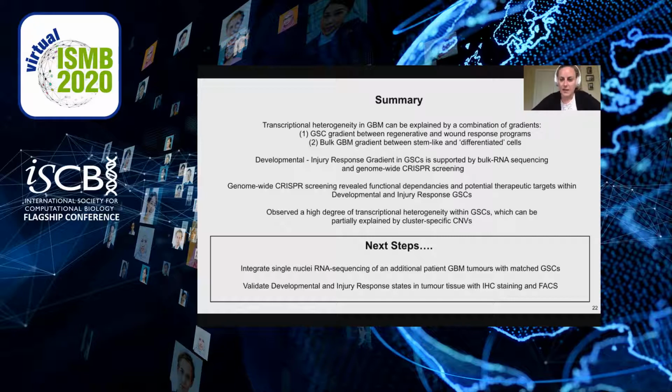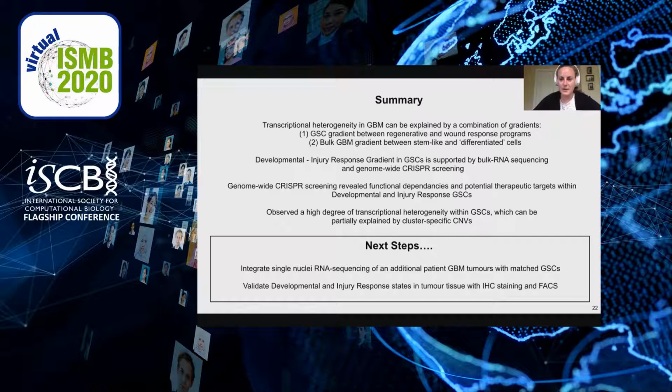We validated our developmental to injury response gradient using bulk RNA sequencing and identified functional vulnerabilities using genome-wide CRISPR screening. Using this CRISPR screening, we revealed some dependencies that could represent potential therapeutic targets, specifically tailored to GSCs within GBM. We also observed a high degree of transcriptional heterogeneity within individual GSC populations, which can be partially explained by cluster-specific copy number variants.